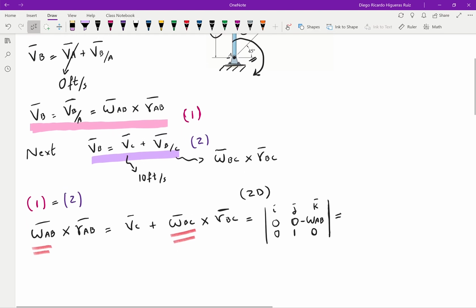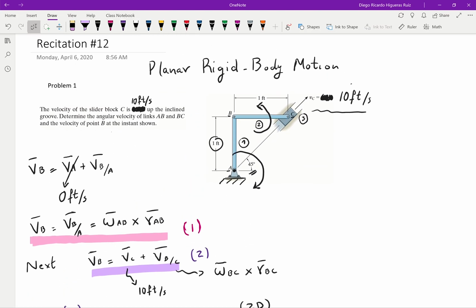So that's gonna be 10 feet per second times cosine 45 in the I, plus sine 45 degrees in the J. Let me write my sign convention.